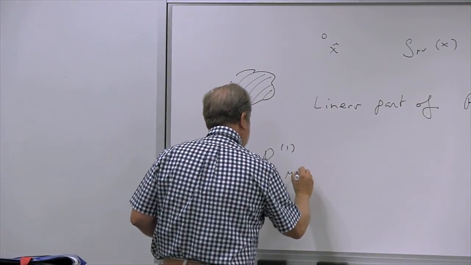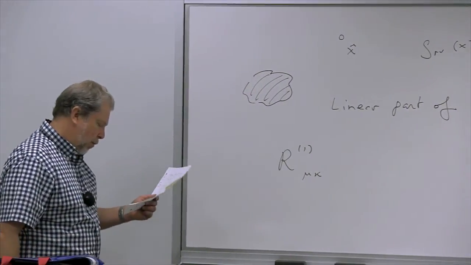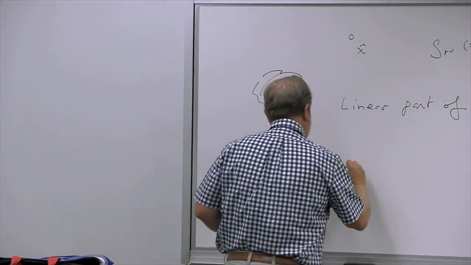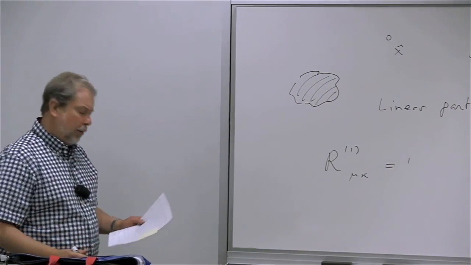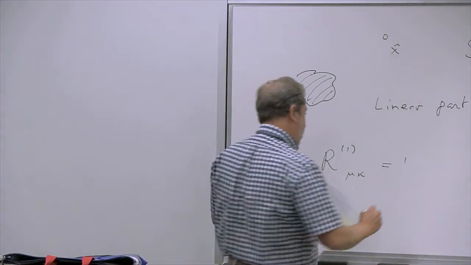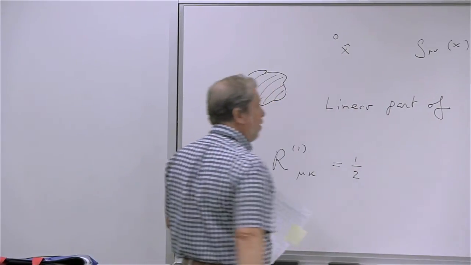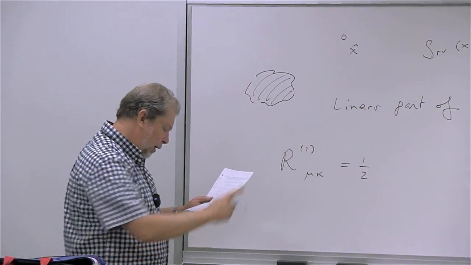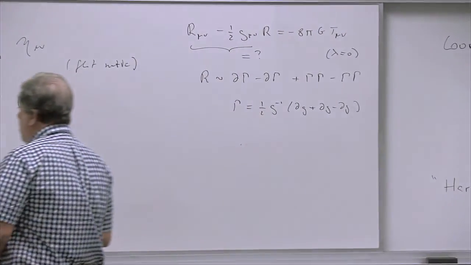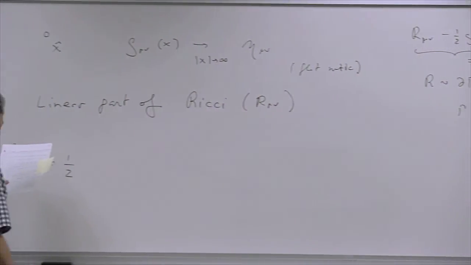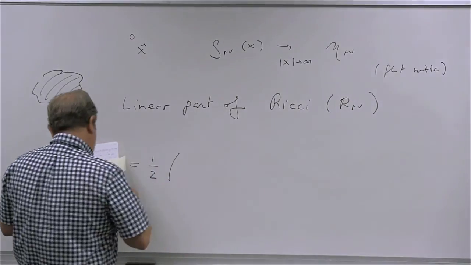R1, the linear part, will have indices mu and kappa. And so using the definition, now we start to turn the crank and do a little bit of algebra. So this is equal to 1/2 times various derivatives of h.